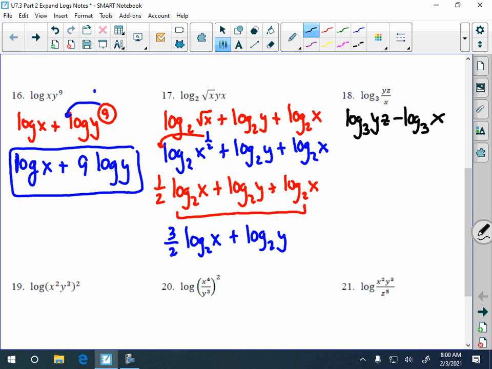Now I have multiplication between the y and the z, so that has to expand into addition. Bring it down here just so you can keep track of everything. Log y plus log 3z, and then minus log 3x. And that looks like as far as you can go.